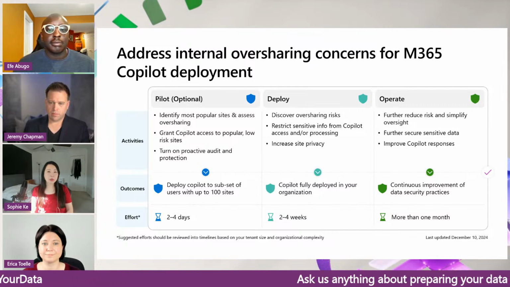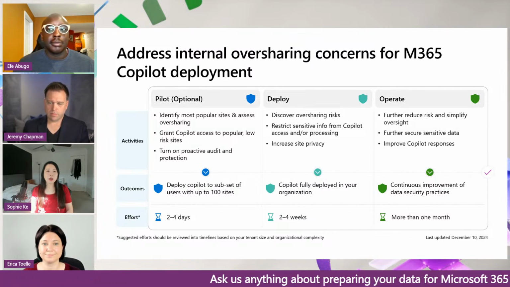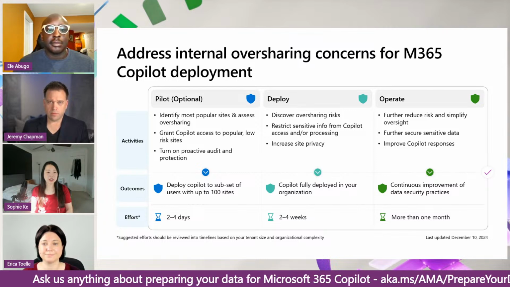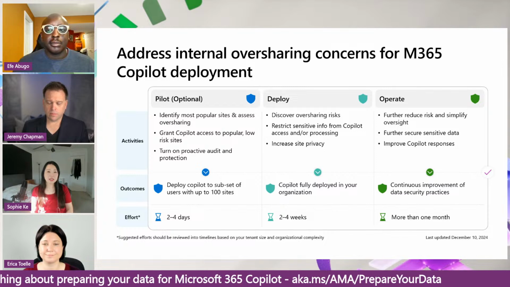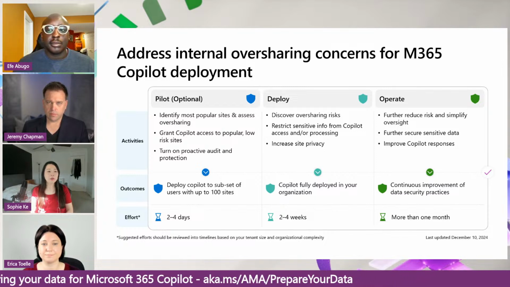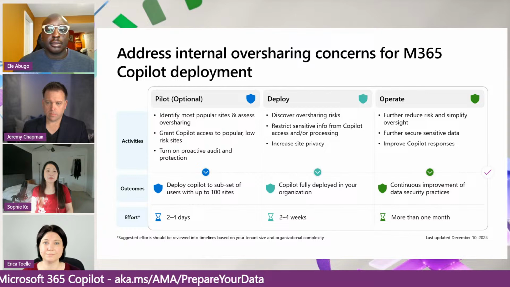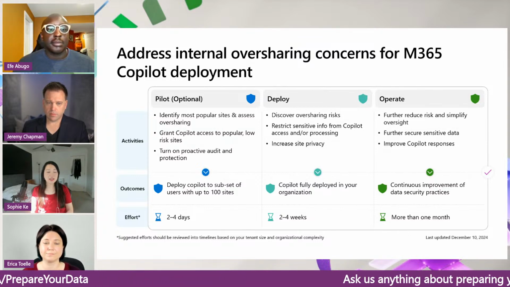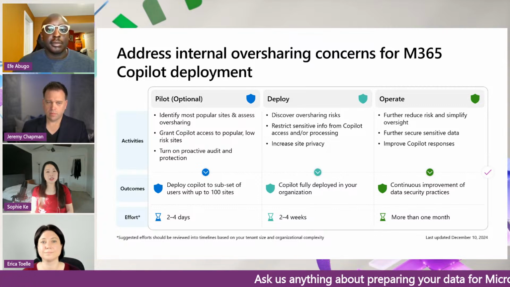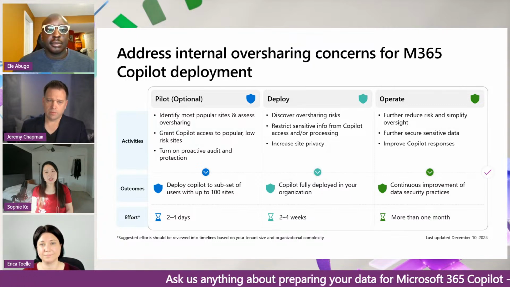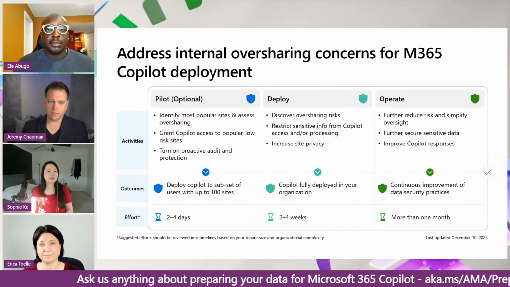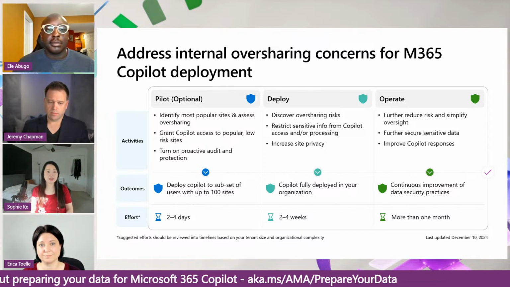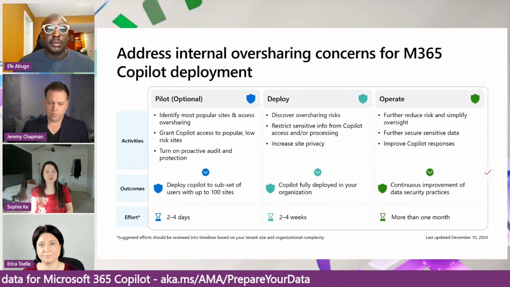And then we go into a deploy phase where we help you to deploy Copilot fully to your whole organization with tools in SAM and Purview to help you increase site privacy and restrict sensitive info from Copilot access or processing. And then last but not least, like Erica mentioned, we want you to have that continuous improvement of your data security practices to help you further secure your sensitive data, reduce risk and simplify oversight.